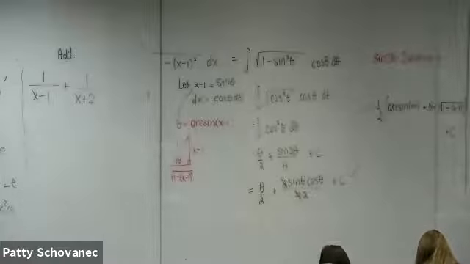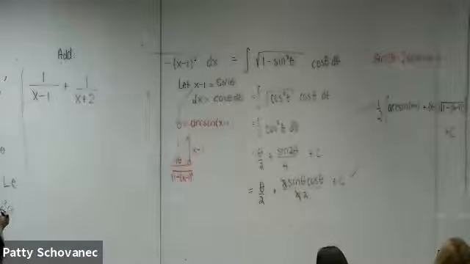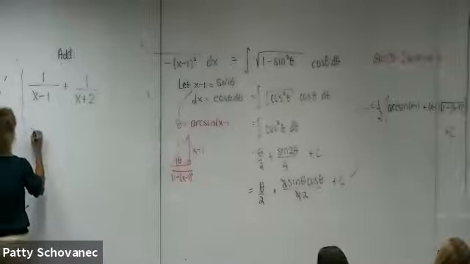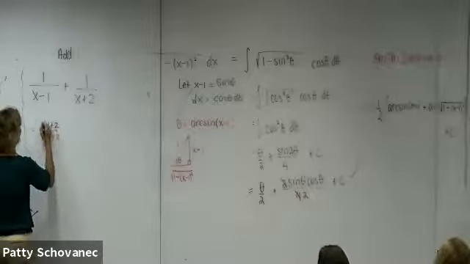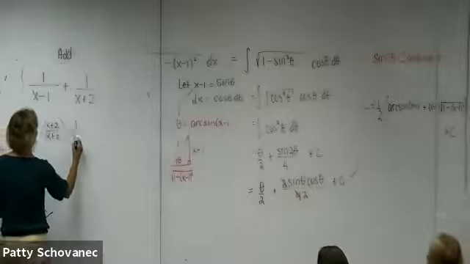When you add two fractions together with different denominators, you get a common denominator. So I'm multiplying the first fraction by x plus 2 over x plus 2, the second fraction by x minus 1 over x minus 1. It will be 7.4. It's motivation of what we're going to do in 7.4.